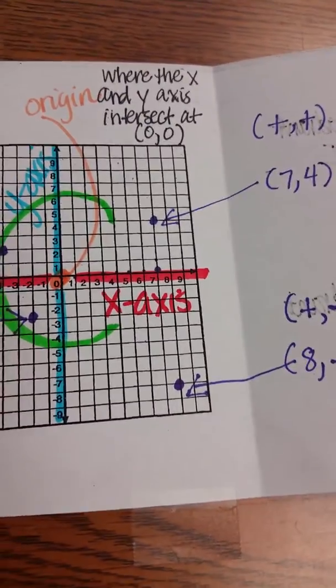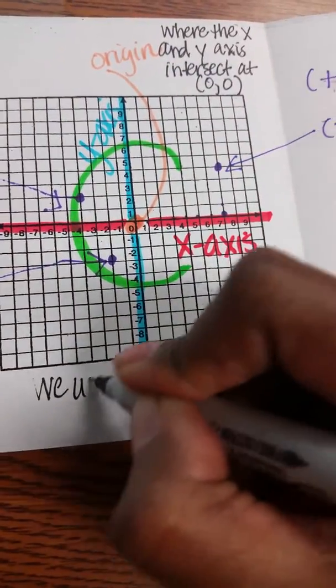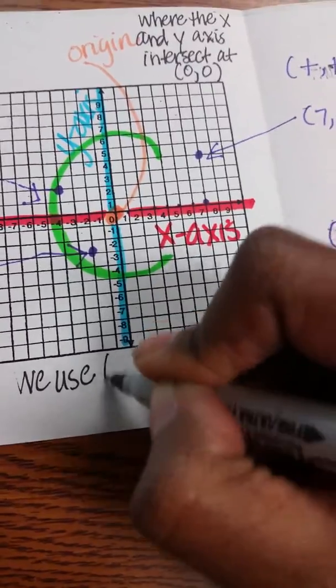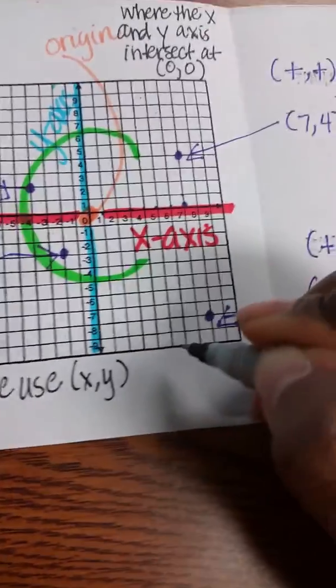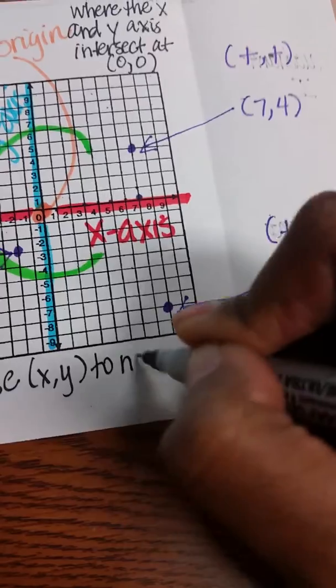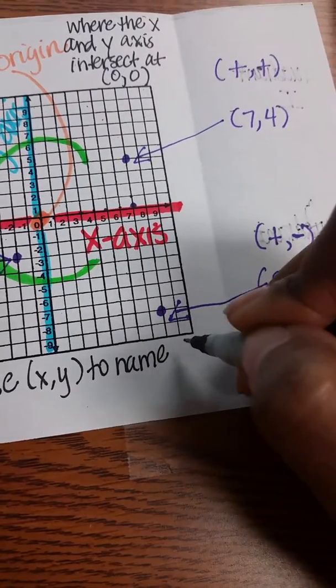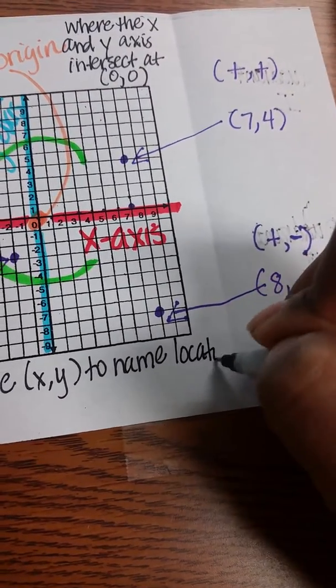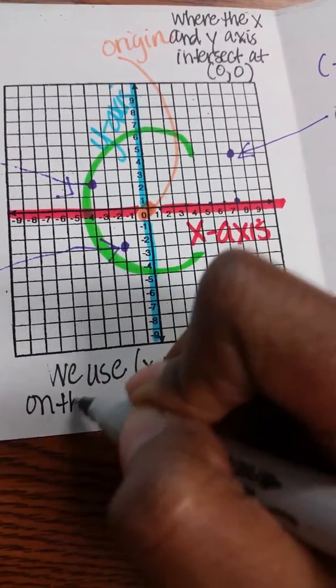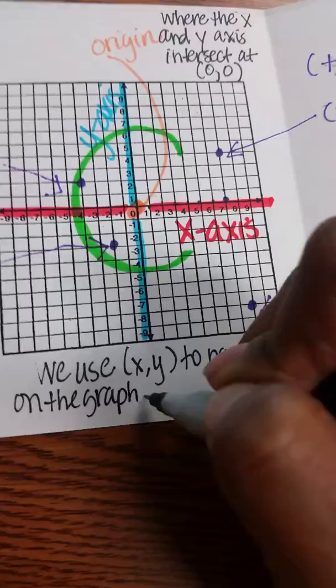Now I'm going to write down here that we use x, y to name locations on the graph.